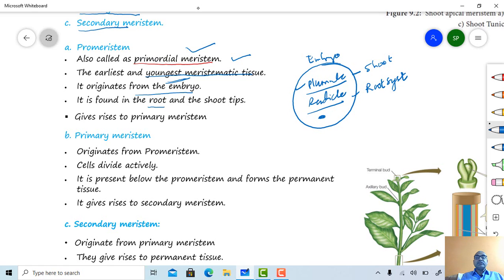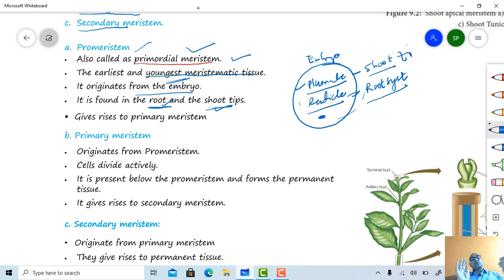They are present in the root and shoot tip, as the region of plumule and radicle forms the shoot system and root system. These embryonic tissues are present at the apex region of root and shoot.